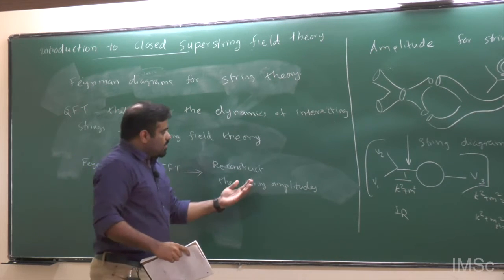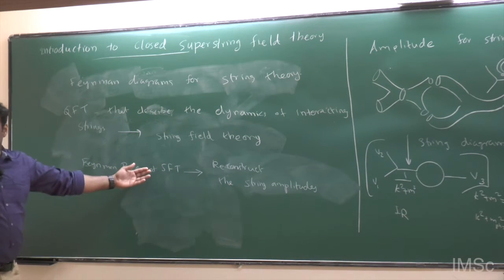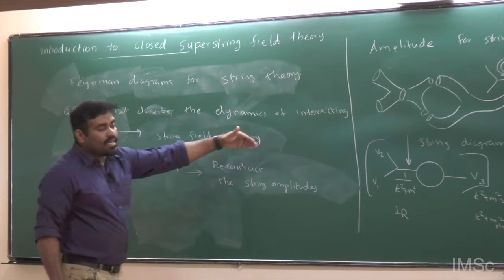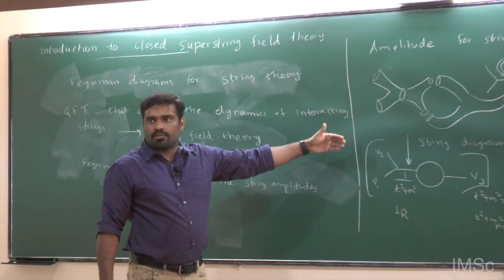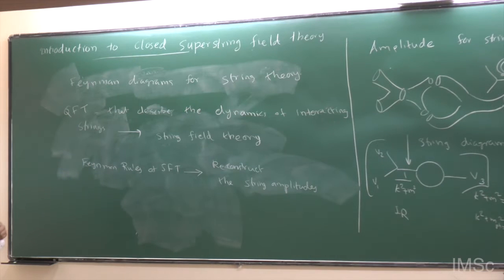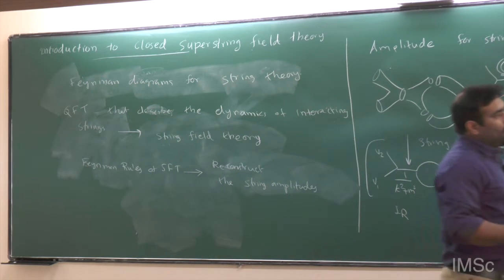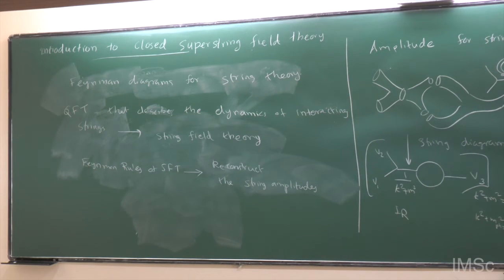Here the point is that the amplitude that you construct from the Feynman rules of string field theory formally agrees with the scattering amplitudes in conventional string perturbation theory. I say that they agree only formally because conventional string perturbation theory gives you amplitudes that are not well defined at some times, right?